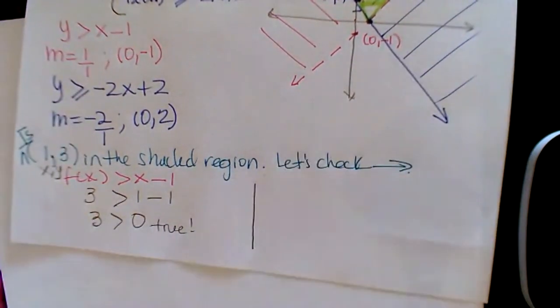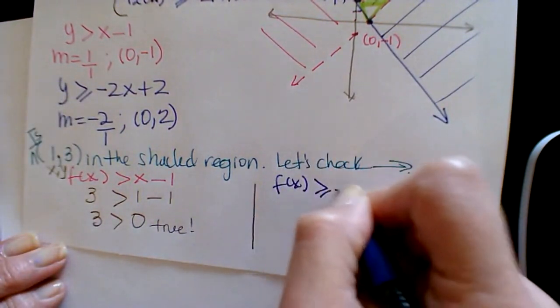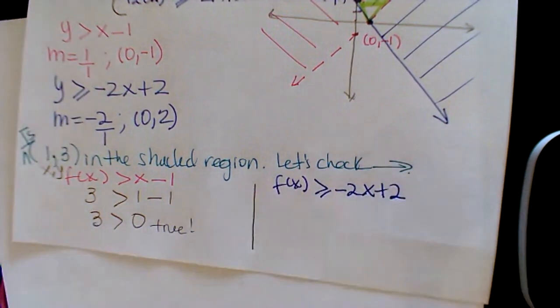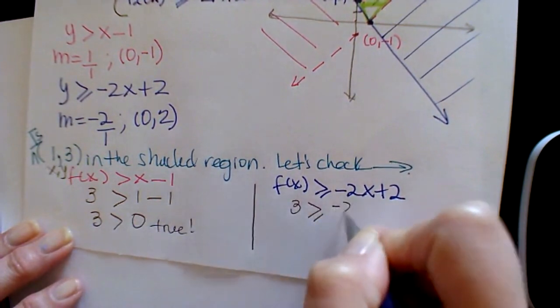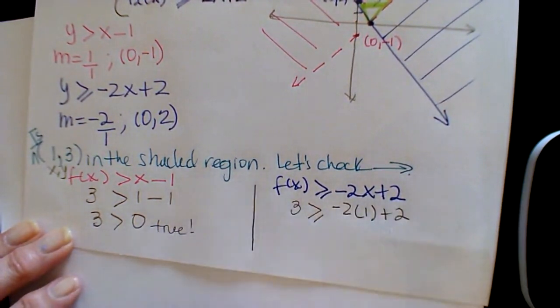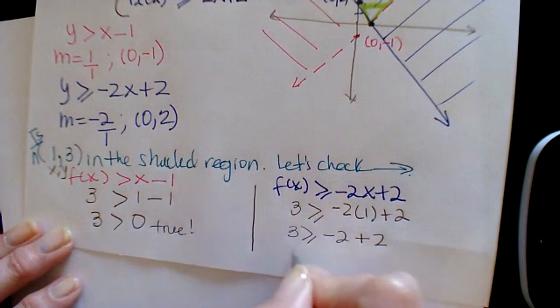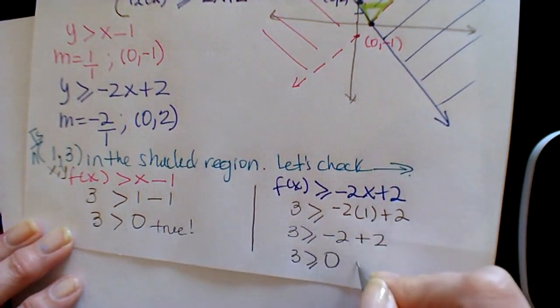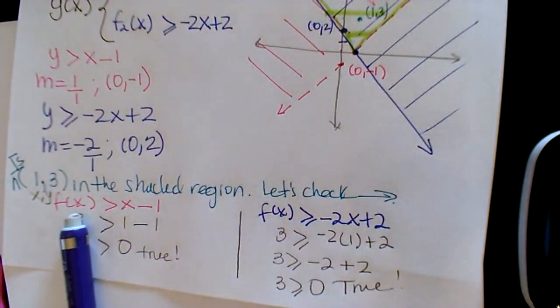Now, let's do the other one. F of x greater or equal to -2x plus 2. So we have a 3 here, y is equal to 3, and x is equal to 1. So this is going to be -2 plus 2. What do I get? Is 3 greater or equal to 0? That's true. So that means that that point is on both of them, okay? So it's right here.